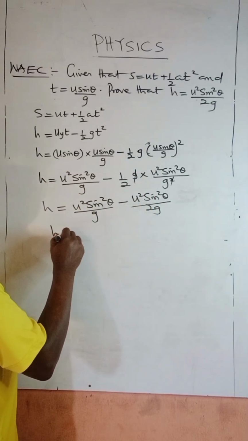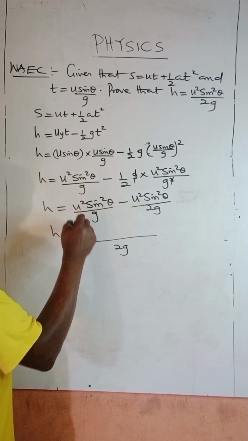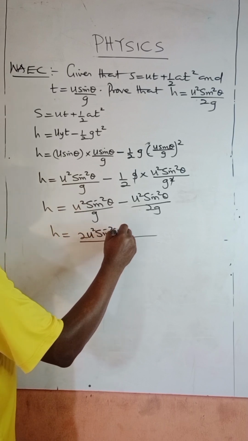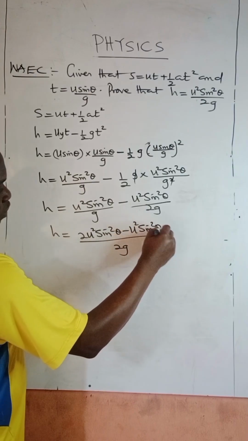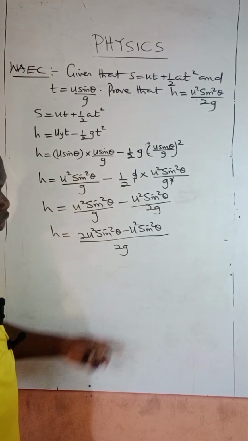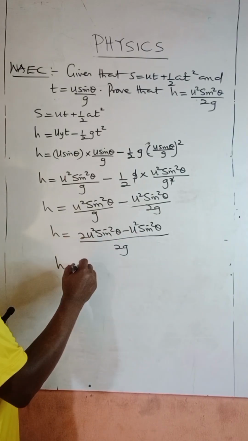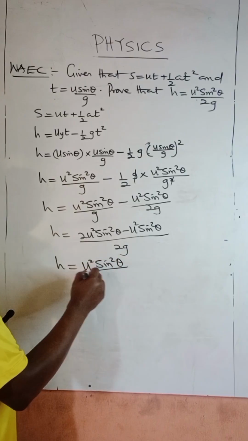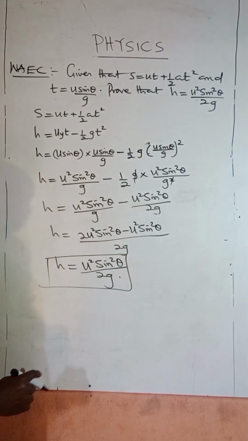So you can find the LCM, that is 2g. This will give you 2u squared sin squared theta minus u squared sin squared theta over 2g. So you have H is equals to u squared sin squared theta everything over 2g. This is another way to prove this formula.